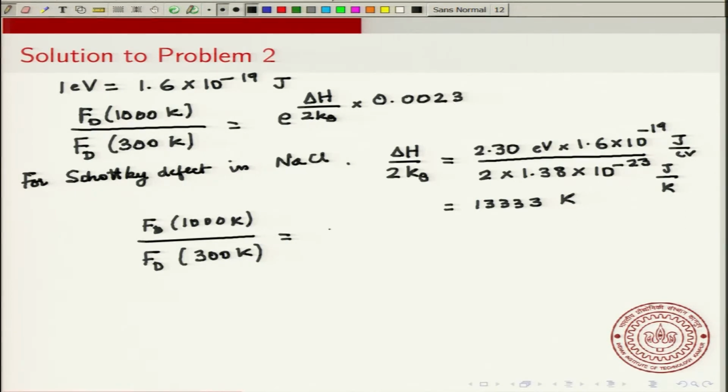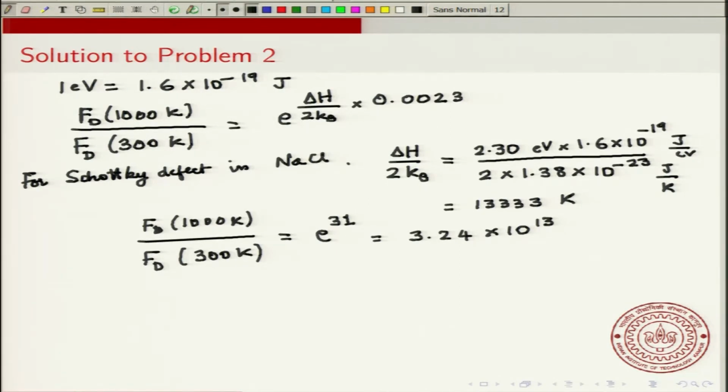So that gives you e raised to 31, which is 3.24 into 10 power 13. So you can see that if you go to 1000 Kelvin, the fraction of the number of defects is much larger than what you have at 300 Kelvin.